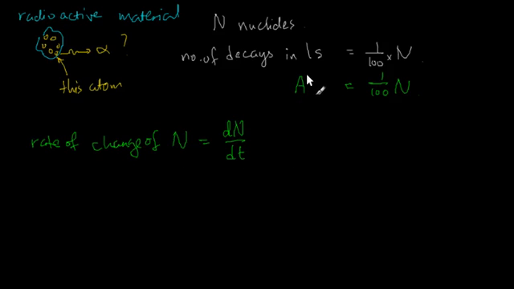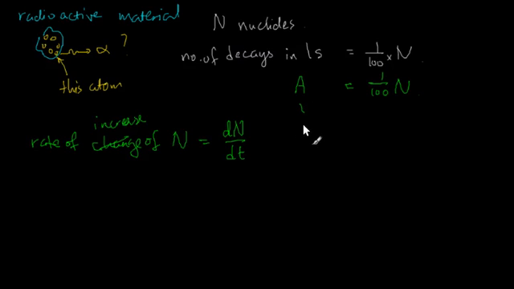Now we can relate it to the activity if we understand that the number of decays in 1 second is actually the rate at which n is decreasing. When we say the rate of change, by default we mean the rate of increase of n, but the number of decays in 1 second is actually the rate of decrease.